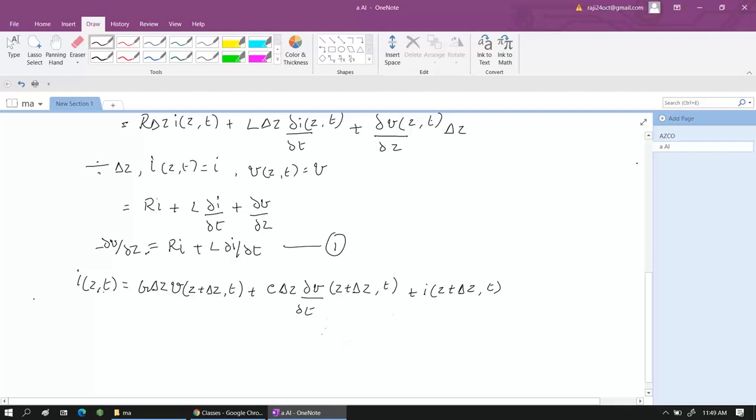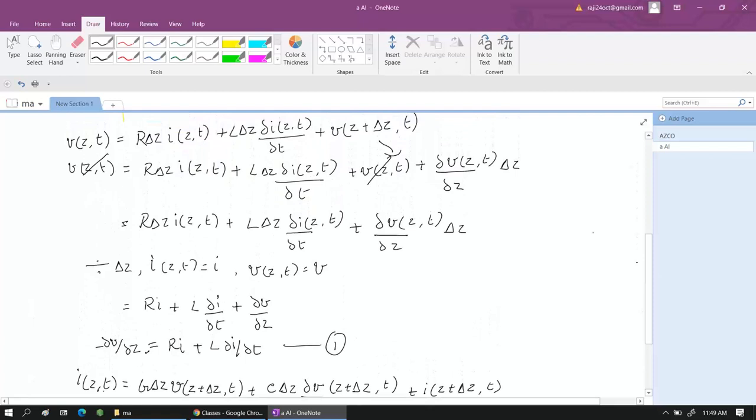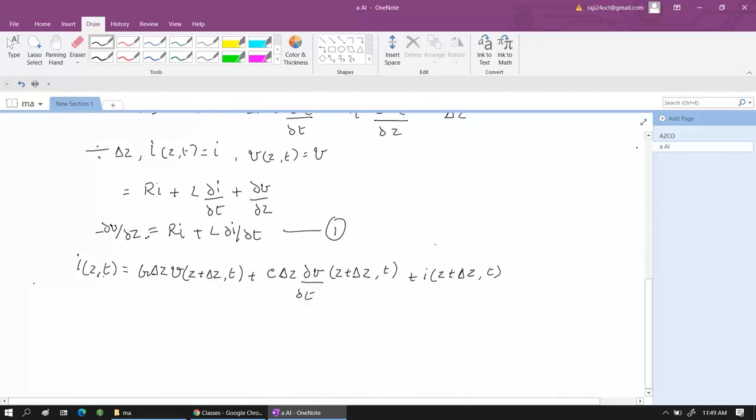What next we have to do is, as I have done the simplification over here where we had V of z plus delta z comma t, which we had distributed as V of z comma t plus dou V of z comma t by dou z, the same simplification you should apply wherever the voltage and current are in this form.